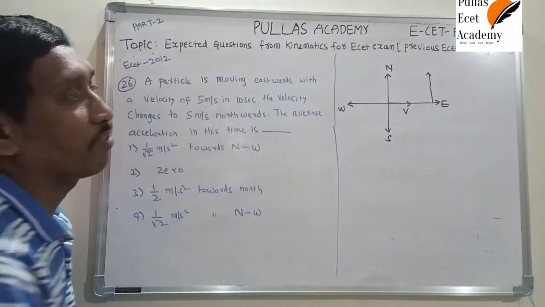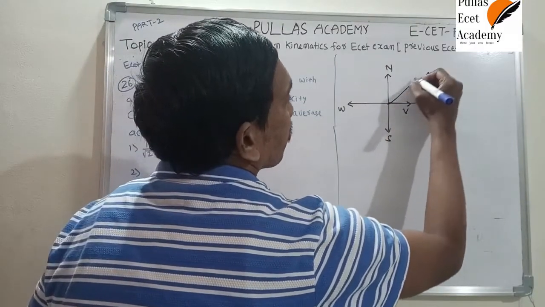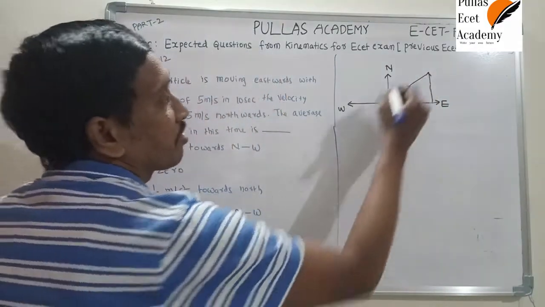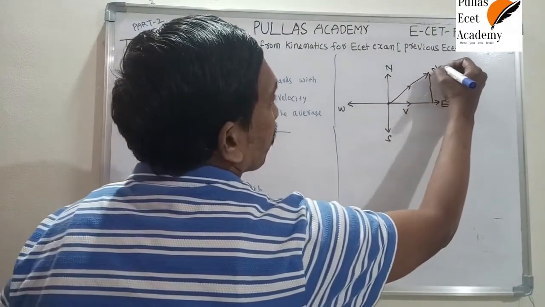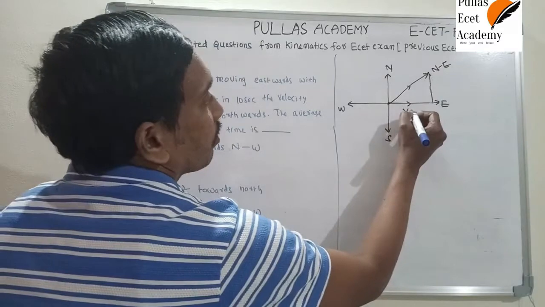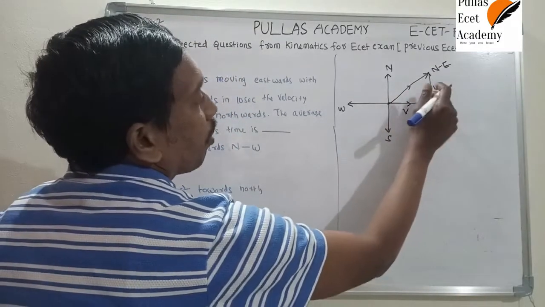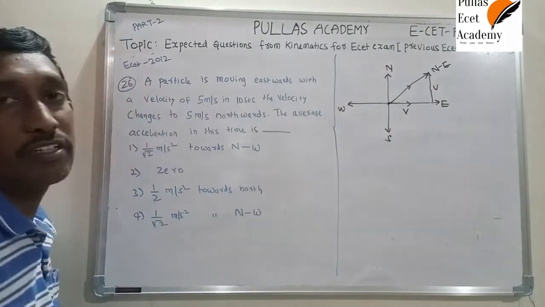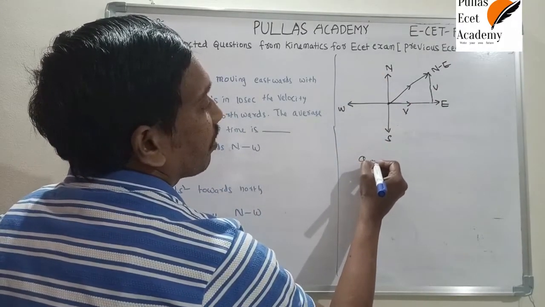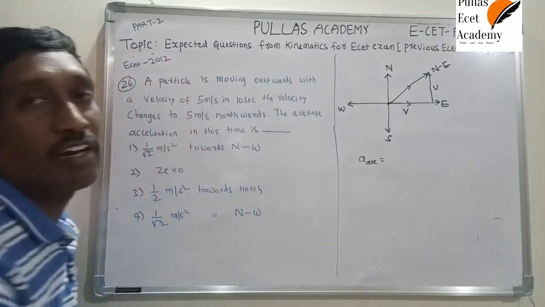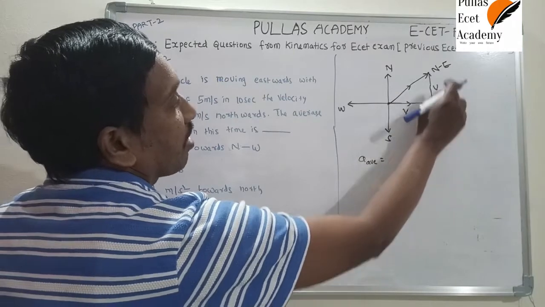Acceleration is a vector quantity, that's why we consider initial and final velocity. Along this straight line in one direction it is measured, that means along the northeast direction. So this is v, this is also v. These two components are perpendicular to each other, so the resultant vector, the average acceleration, is equal to the change in velocity, but this change in velocity has components along the x-axis and y-axis.